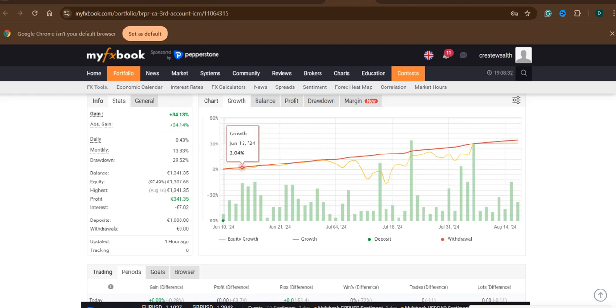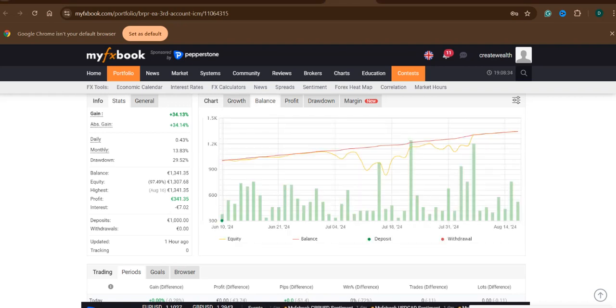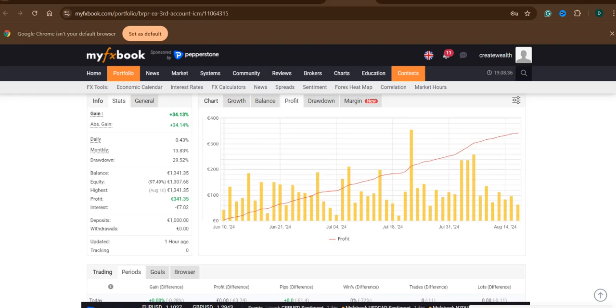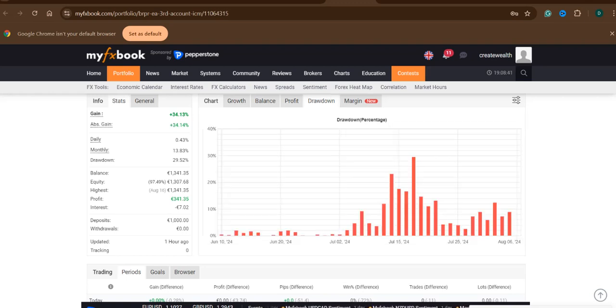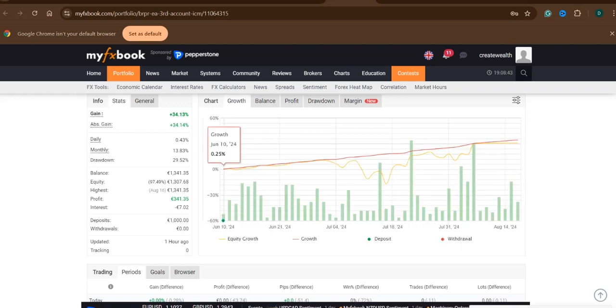This is the growth graph, this is the balance graph, this is the profit graph, and this is the drawdown graph. The monthly has been almost around 14%, and the drawdown is up to 29.52%.